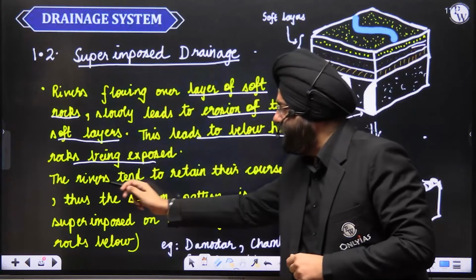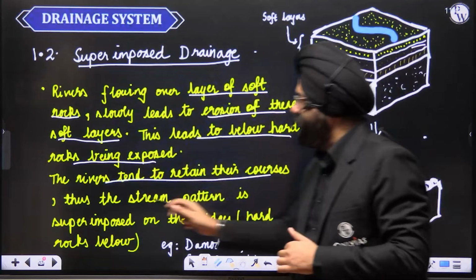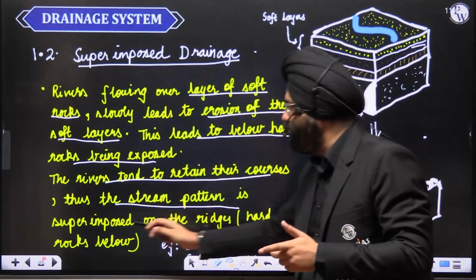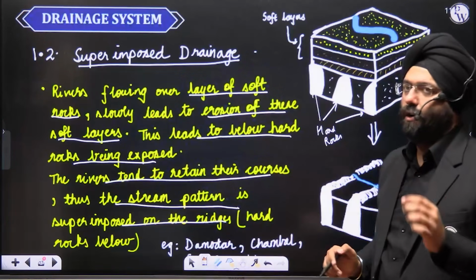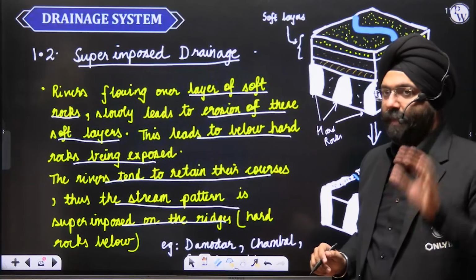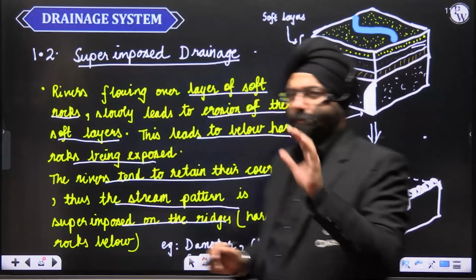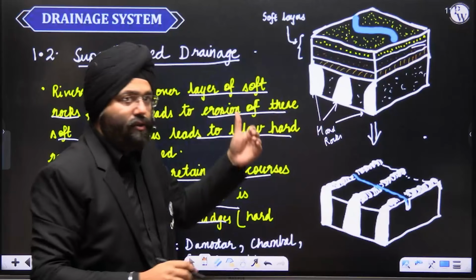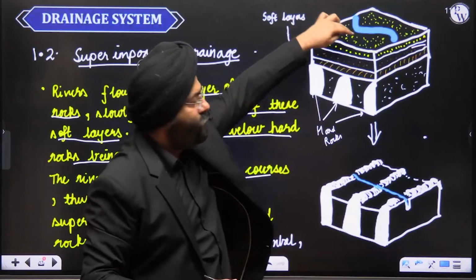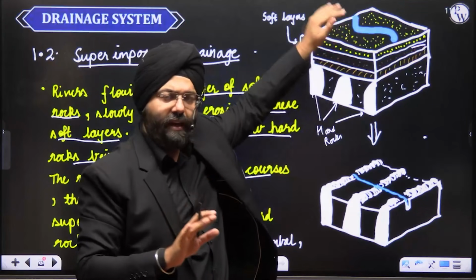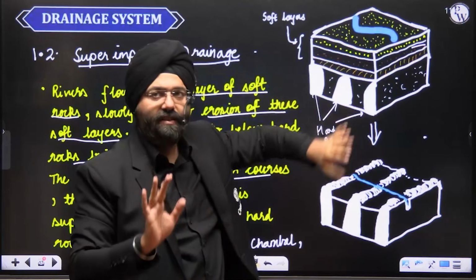The rivers tend to retain their courses, thus the stream pattern is superimposed on the ridge or the hard rock. Now understand what happens. Why is it called superimposed? The river was flowing as it is flowing now, in a similar way.